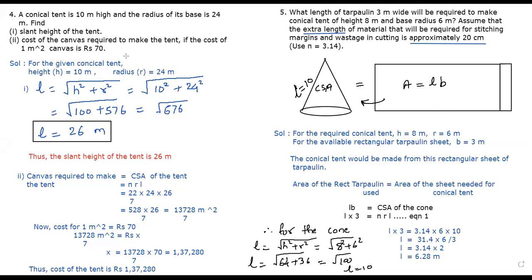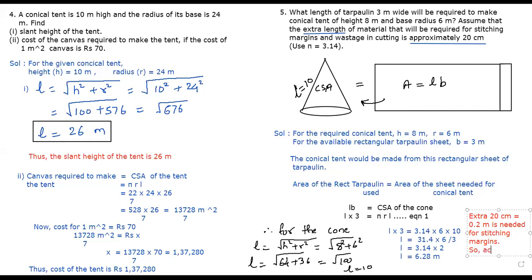Yes, sir. So let me write the final statement now. Extra 20 centimeter. 20 centimeter means 0.2 meters is needed for stitching margins. Yes or no?